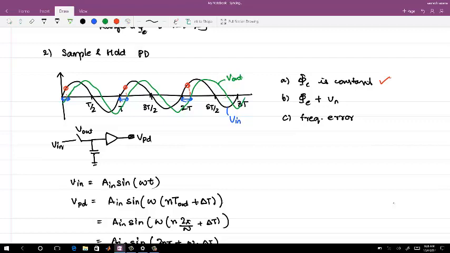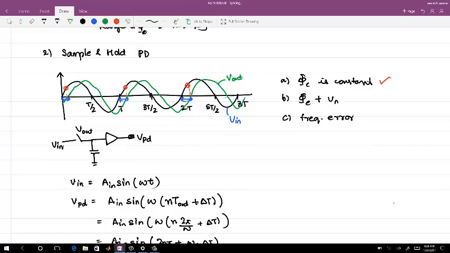Okay, so there is another thing you see. Let's say the input frequency is omega, right? And I am sampling at the same frequency. So what can you tell about the output, the spectrum of VPD? Pardon? It's an aliased spectrum. So that thing will happen here.